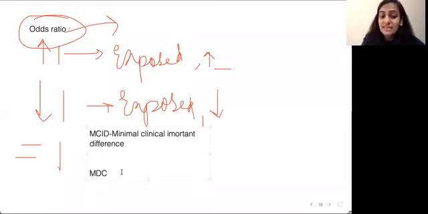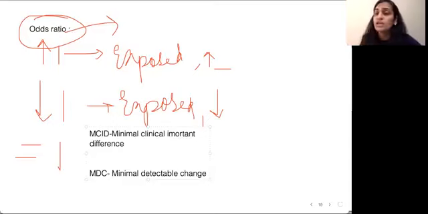Then what is MDC? MDC is a minimal detectable change. What is a minimal detectable change? This is not clinical. MCID is clinical. So whatever I see in the clinic, whatever changes are happening, that is a minimal clinical important difference. But MDC is a minimal detectable change.